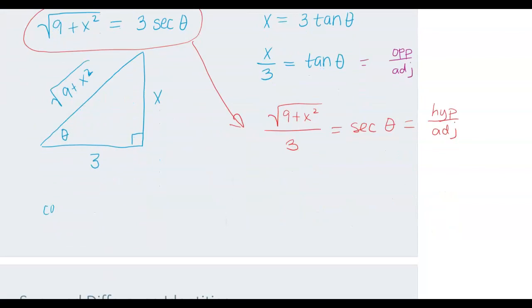The cosine of the angle is going to be the adjacent side over the hypotenuse. And the sine is going to be the opposite side over the hypotenuse. We could leave it that way. Technically, we should rationalize everything. Get that square root out of the bottom.